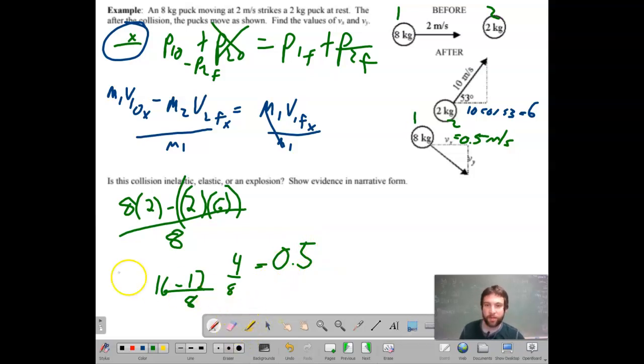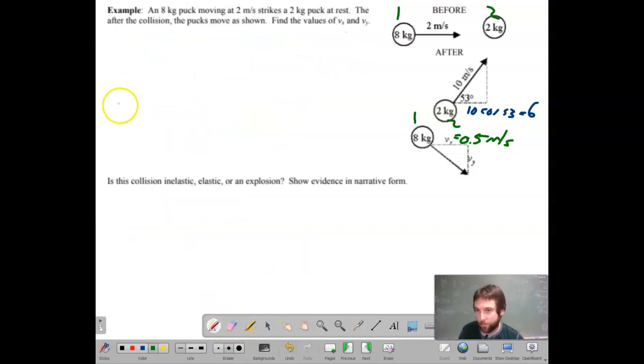Well, for the y direction, I'm going to have to erase all of this. We are now going to do the same equation, right? Because our momentum has to be conserved in the x direction and in the y direction.